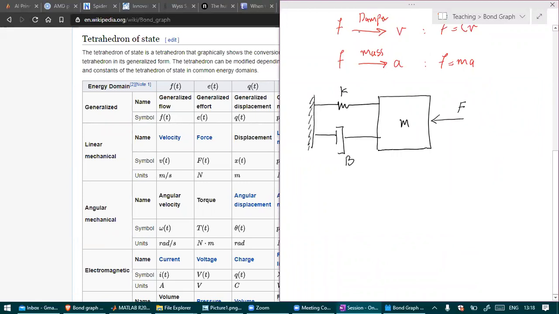So we can draw the bond graph for this system in two ways. One way is drawing the flow of power. So if I start from here, the power flows through the mass, but then at this location, it just divides into two parallel flows. Okay, on the way, part of it goes through the mass, and here part of it goes to the spring, and part of it goes to the damper.